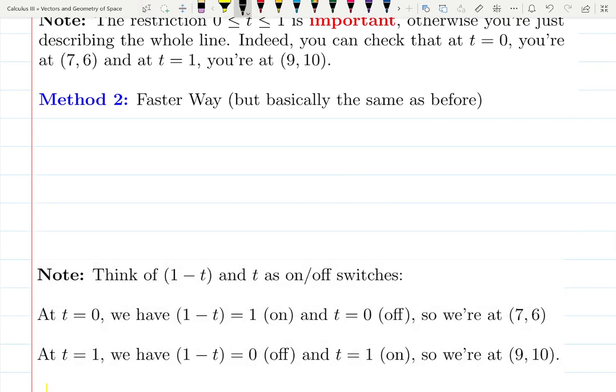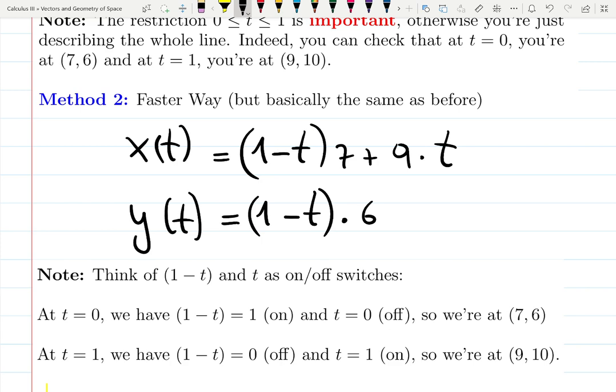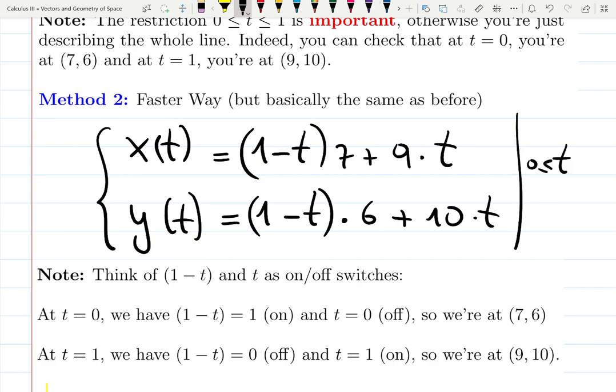One more way to see it is x of t should be 1 minus t times 7 plus 9 times t. And y of t should be 1 minus t times 6 plus 10 times t. And then the same requirement for t. T should be from 0 to 1.